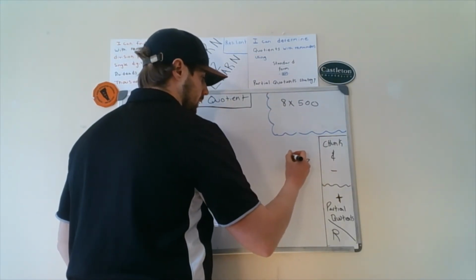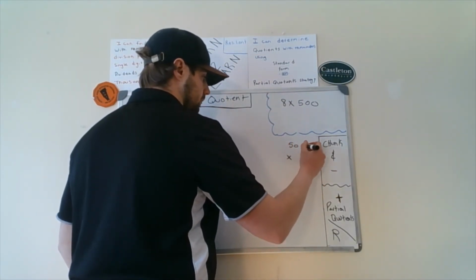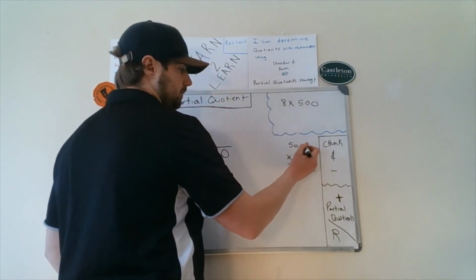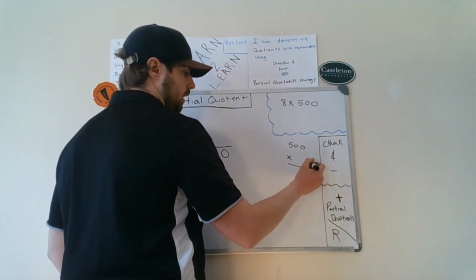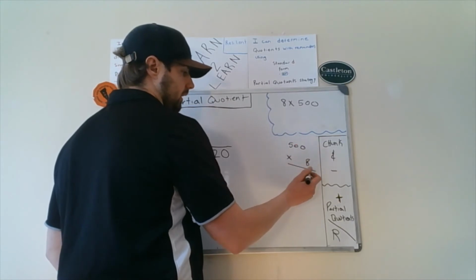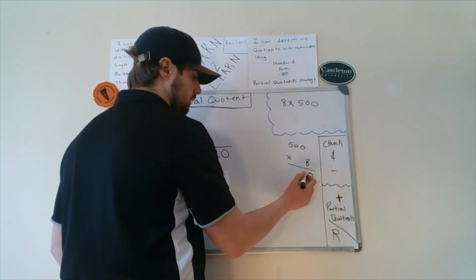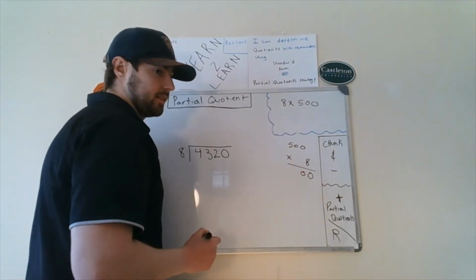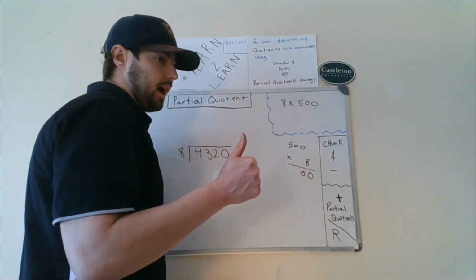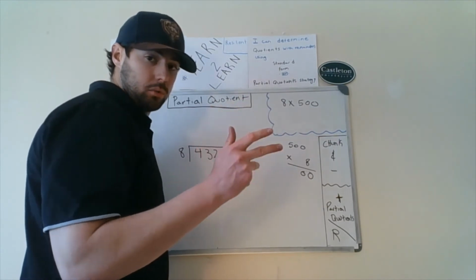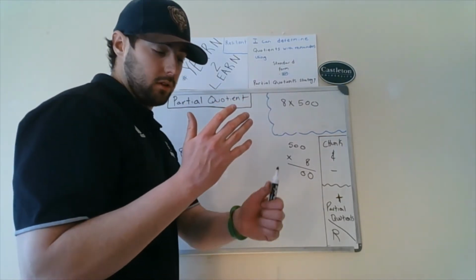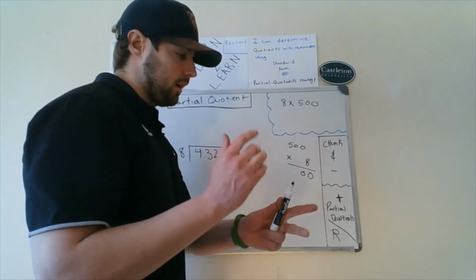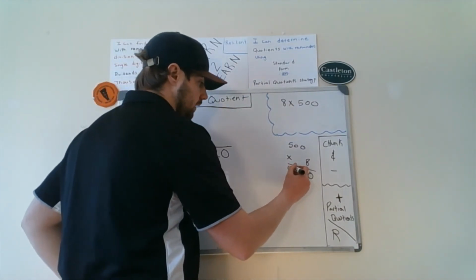8 times 500. 8 times 0 is going to give me 0. 8 times 0 is going to give me 0. What is 8 times 5 going to give us, guys? 5, 10, 15, 20, 25, 30, 35, 40.